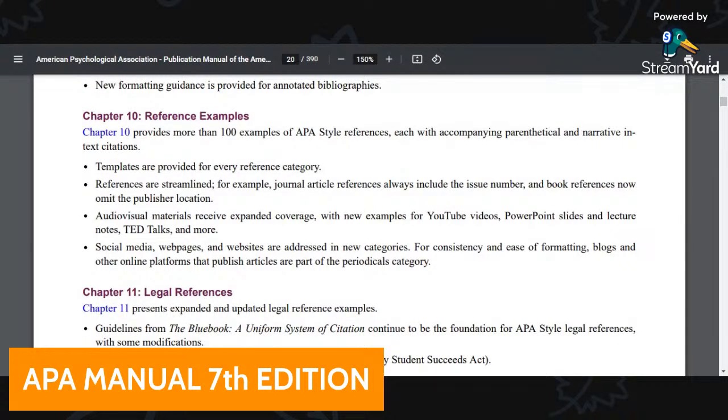So we can use this format to cite it in a proper way. Chapter 11 covers legal references; guidelines from the Bluebook, a uniform system of citation, continue to be the foundation for APA style legal references with some modifications.